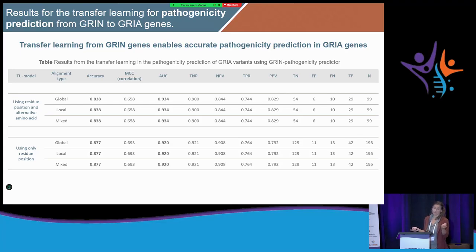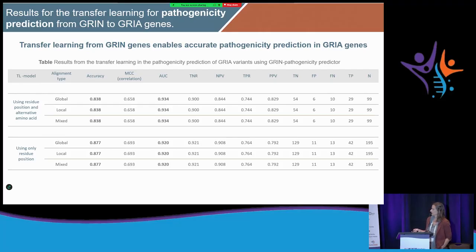Sometimes the residue is different, so it's not possible to have the same alternative residue, because it's a single nucleotide variant. So we take the prediction even when just taking the same position. And we did this for global, local, and mixed sequence alignment.